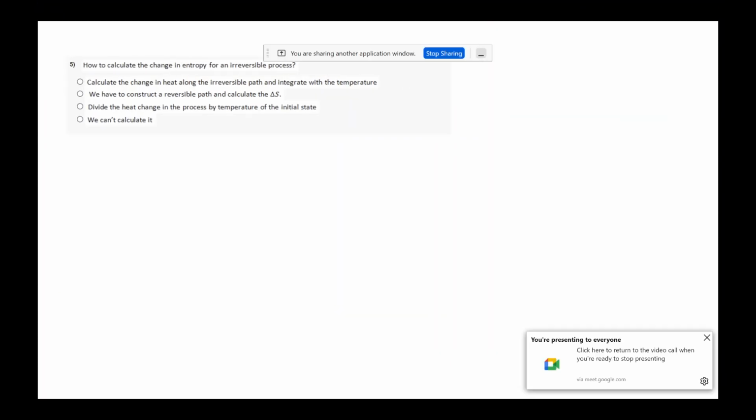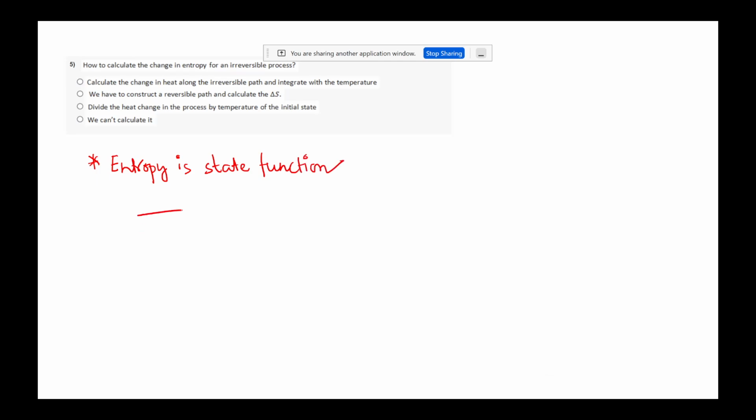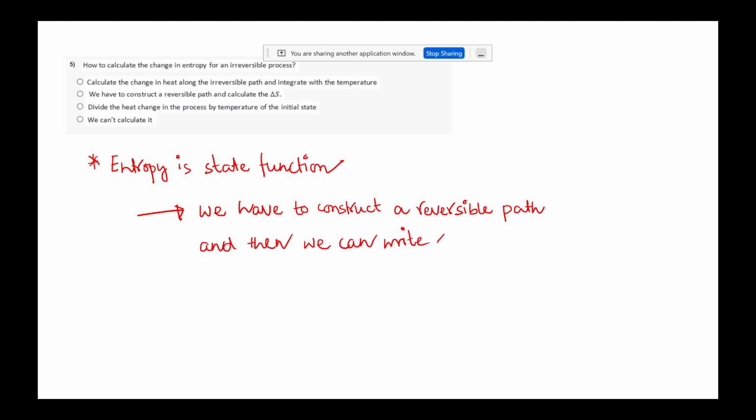So since entropy is a state function, what we have to do is construct a reversible path, and then we can write del Q as TdS, exact form.